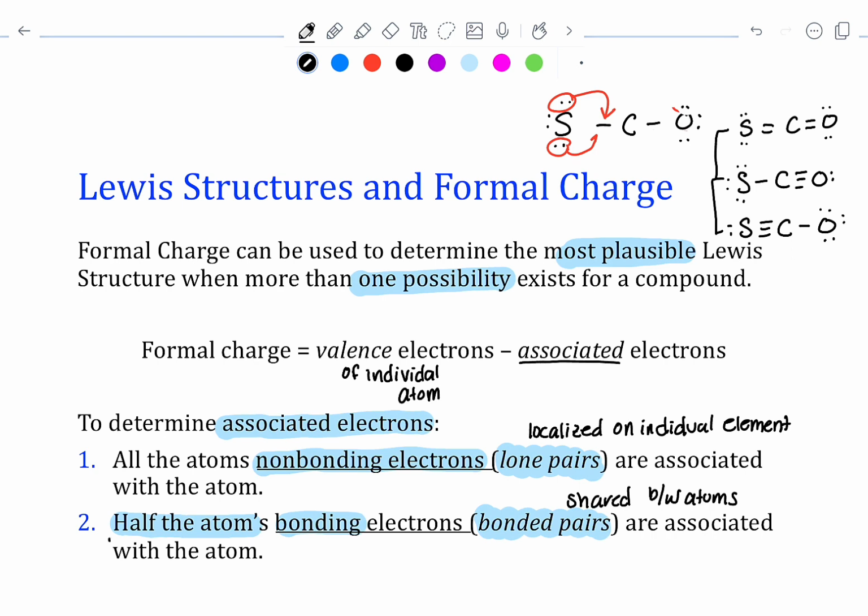Now we say that this is half, we only consider half of these bonded pairs because one electron came from one atom and one electron came from the other.